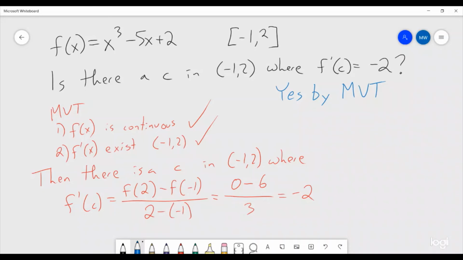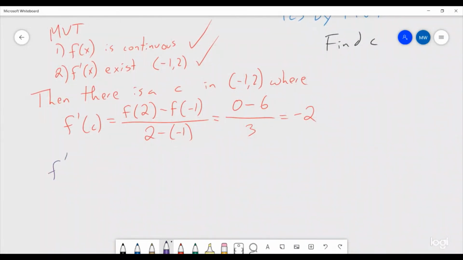Well, the next question that we might ask is, what is it? Find c. So in order to find c, we're going to need to take a derivative. So let's look at what is f prime of x.